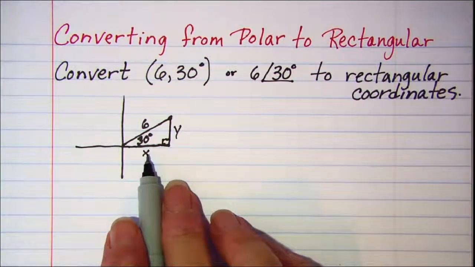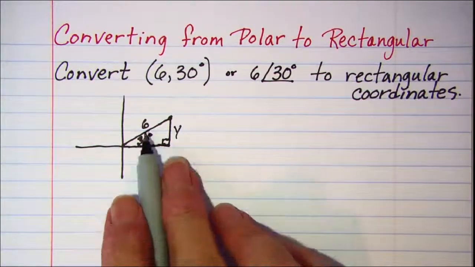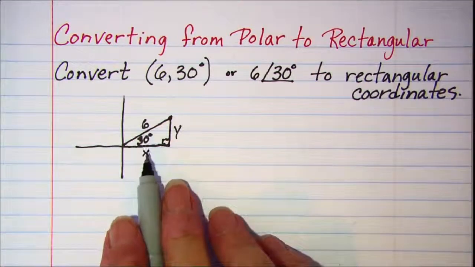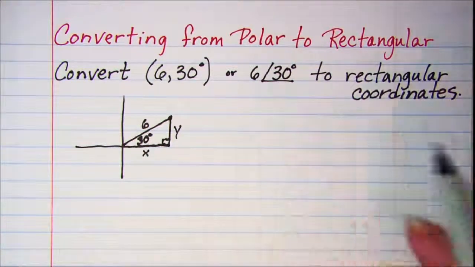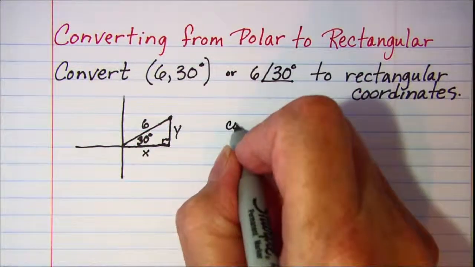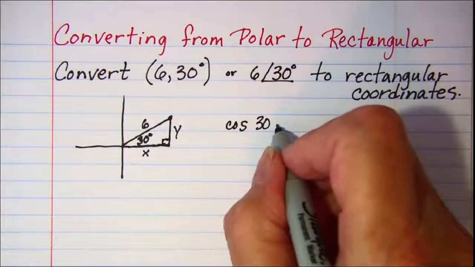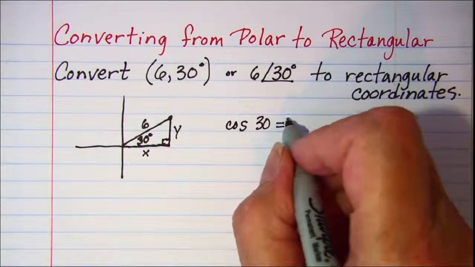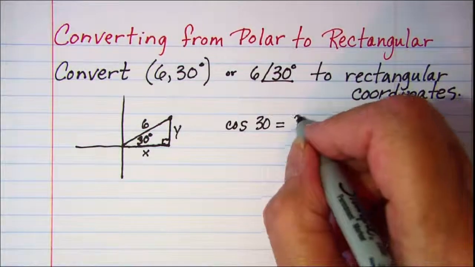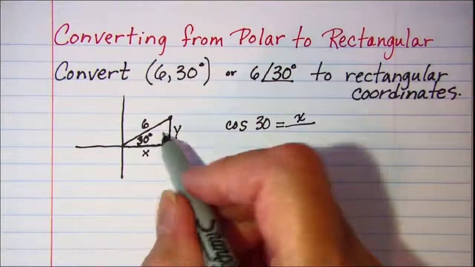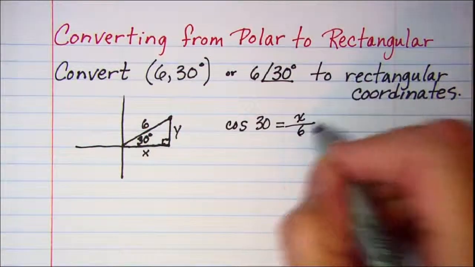The x is the adjacent side and we know the hypotenuse. So we can use cosine of angle 30 equals adjacent, which is x, over hypotenuse, which is 6.